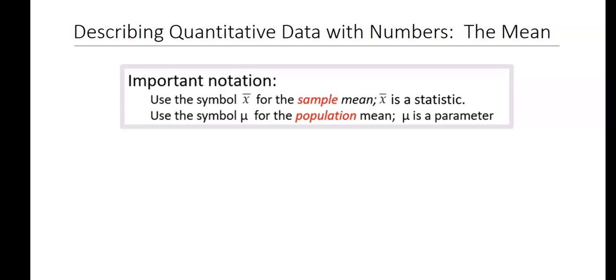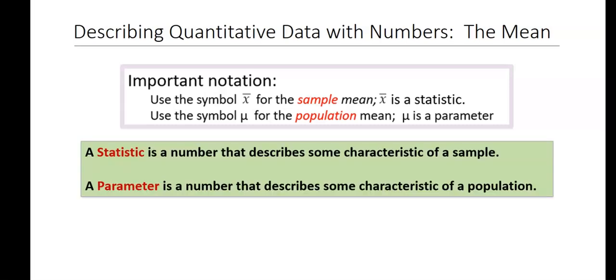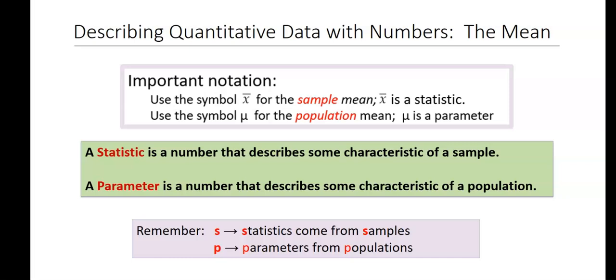X bar, the mean. Any sample is a statistic. Anything from a population is a parameter. It has alliteration to it. That's how I learned it: statistics come from samples and parameters come from populations. It just rolls off the tongue there. You get the hang of these new words as we use them more.